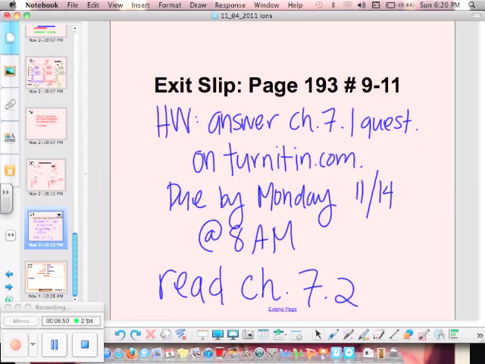So here's what I want you guys to do. Today your exit slip is on page 193, numbers 9 through 11. You will please turn this in with the previous problems. I also want you to, for homework, and this must be done through the computer, answer my questions posted for chapter 7.1.